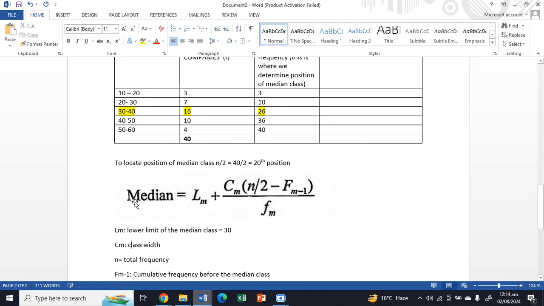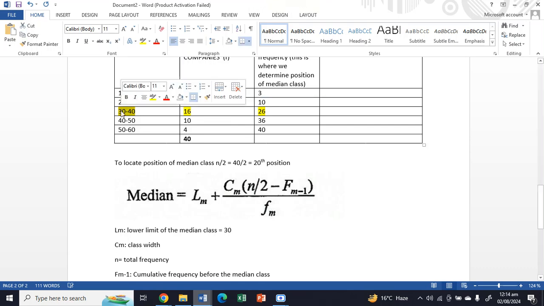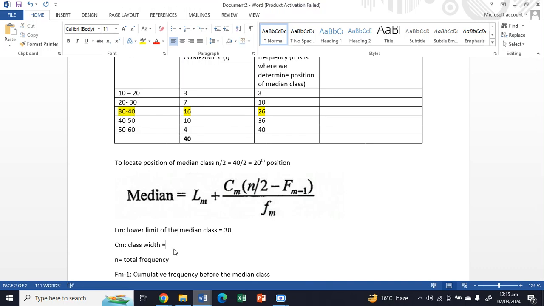Class width, two ways you can do it. Remember it's from 30 to 39.999. So if you count 30, 31, 32, 33, 34, 35 until you reach 39, you find those are 10 numbers. Another way, you just say 40 minus 30, that gives you 10.